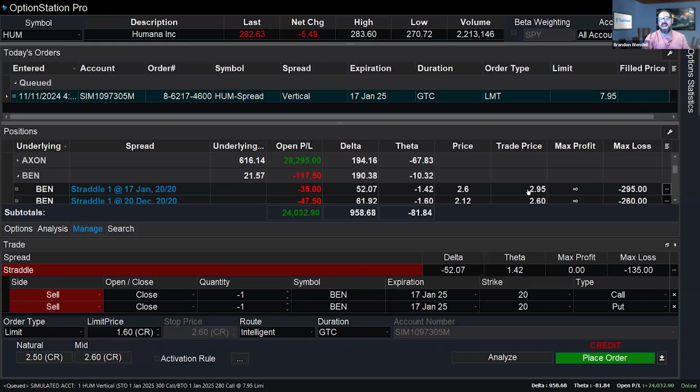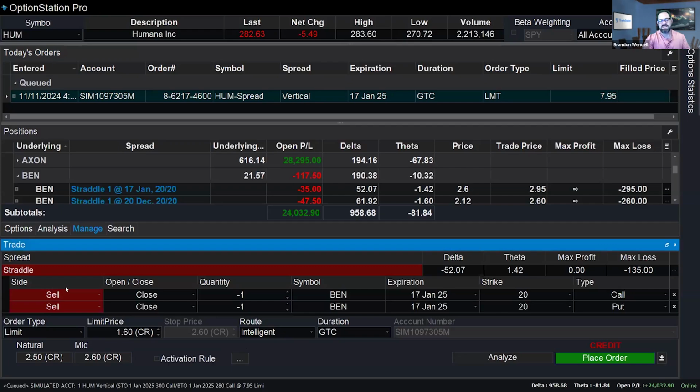So based on that, if it was a debit, I would put in a sell order to exit at $1 more than that, $3.95. By doing that, I'm going to sell at $3.95 or better. That means I'm going to wait to get out until it hits my profit.